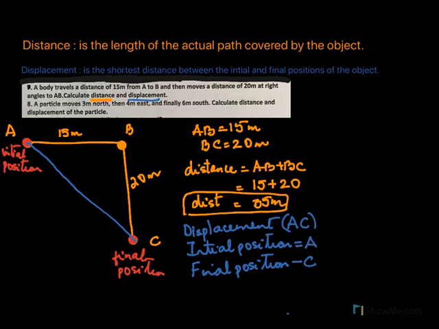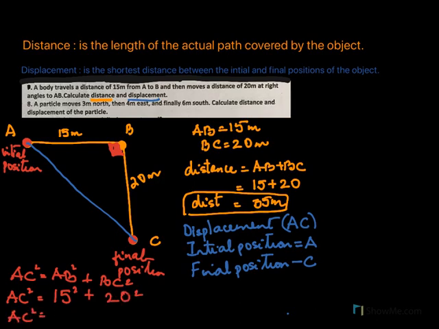Now how do I find AC? Here I can use Pythagoras Theorem. This is my 90 degrees. So I'll use my Pythagoras Theorem. Who is the hypotenuse here? AC. So I have AC square equal to AB square plus BC square. AB is 15 square plus 20 square.